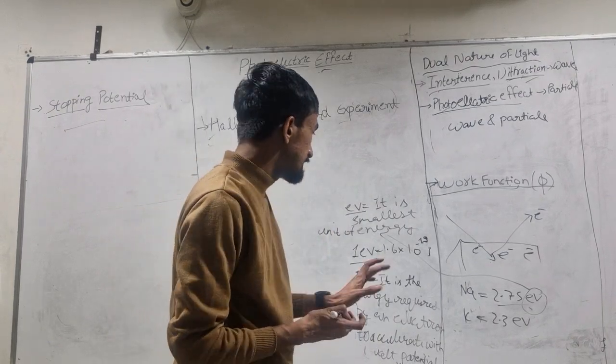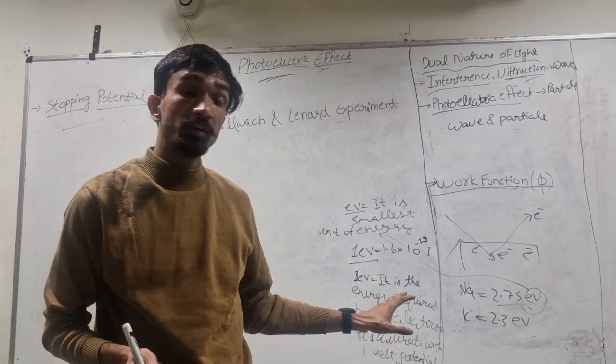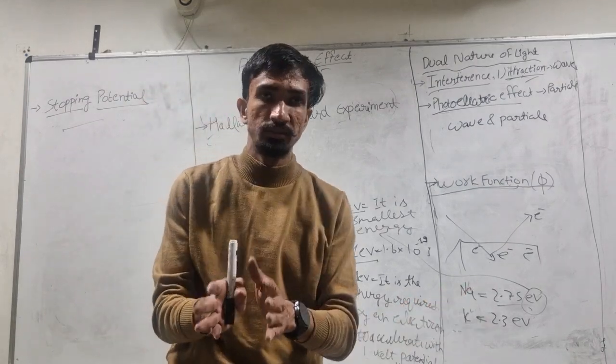So 1 eV is nothing, it is the energy required by an electron to accelerate with 1 volt potential difference.